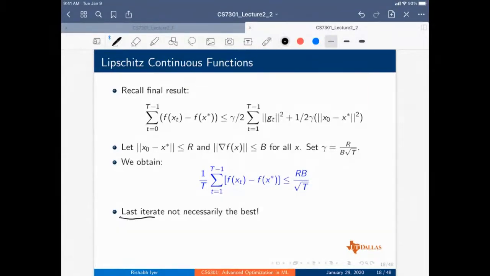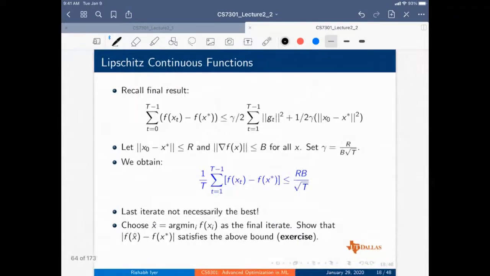Note that the last iterate is not necessarily the best, because we have not shown anywhere right now that we can reduce the objective value. So gradient descent does not necessarily yet reduce the objective value if we just assume Lipschitz continuity. So we assume that x hat is equal to the argmin, right? And then it's easy to show that f of x hat minus f of x star satisfies this bound, which is rb over square root t.